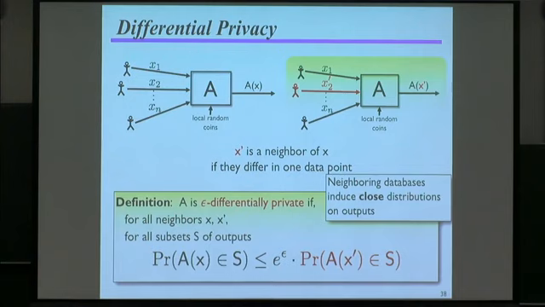It just works better to work on a logarithmic scale. There's a variant where we also allow some very small additive perturbation, delta, and that will come up in a couple of places, so I wanted to mention it. But generally, to get the semantics we want, delta is going to be very, very small, and epsilon will be not too small, maybe 1 in 10 or something like that.